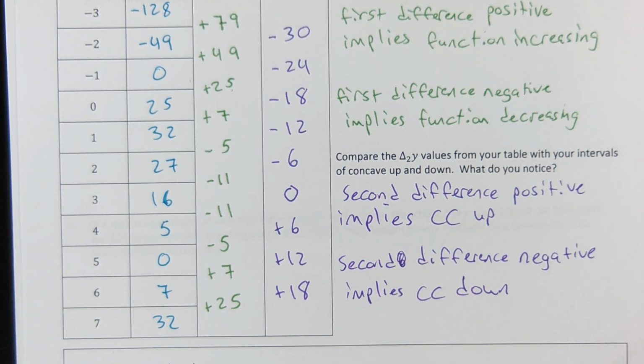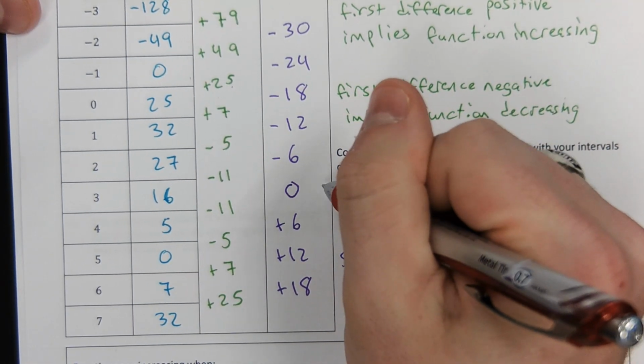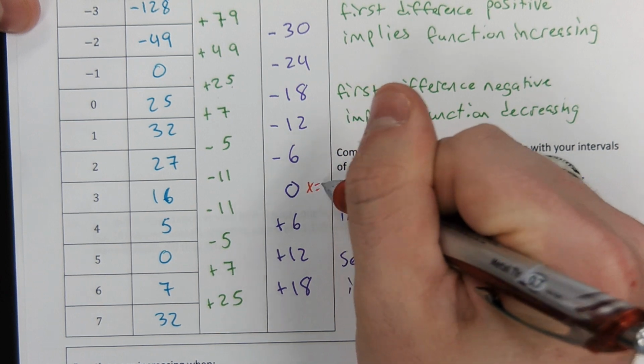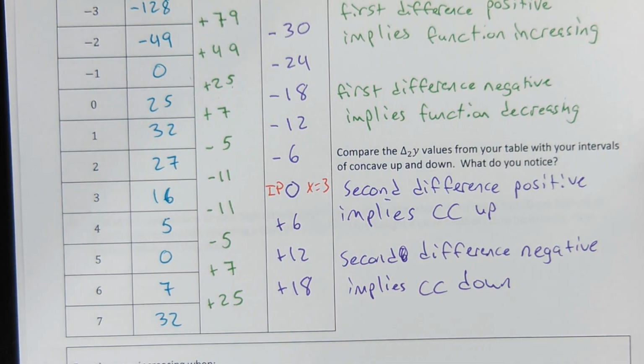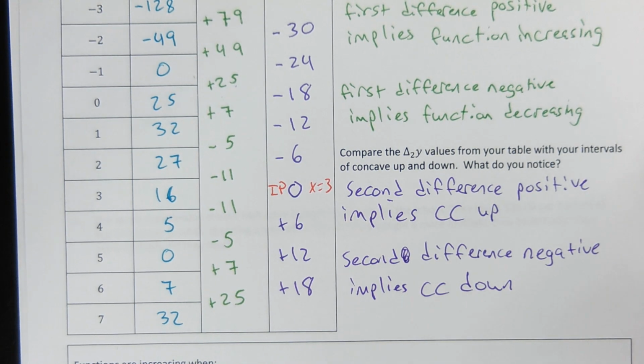That means just by looking at this table, we can see where the inflection point occurred. It occurred right here at x equals 3. So I'm going to get really technical here. Is it because the second difference is 0?